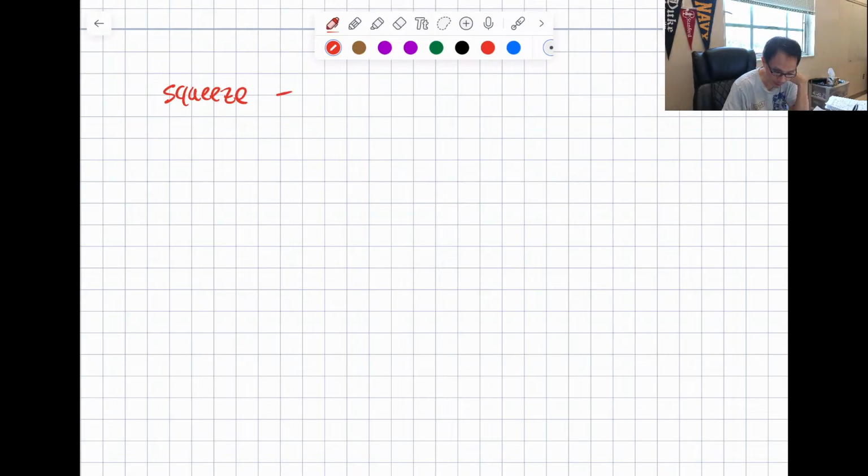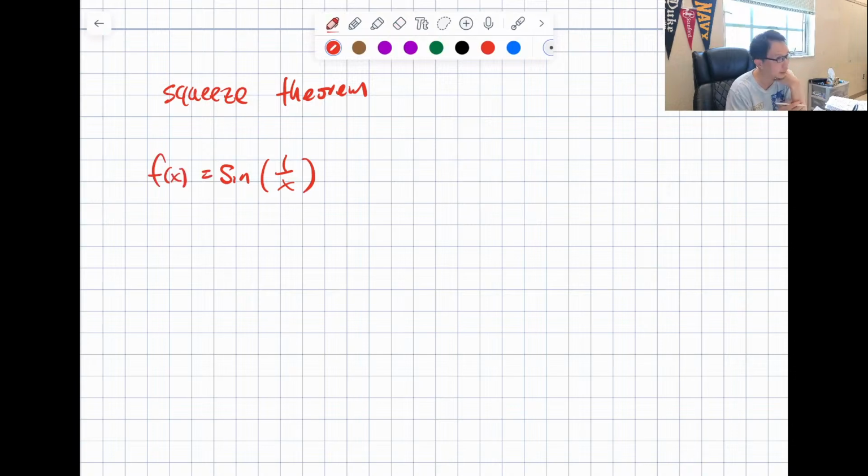Okay, so squeeze theorem. One of the things you have to understand for squeeze theorem is, do you remember this function? Do you remember what the graph of this function looks like?